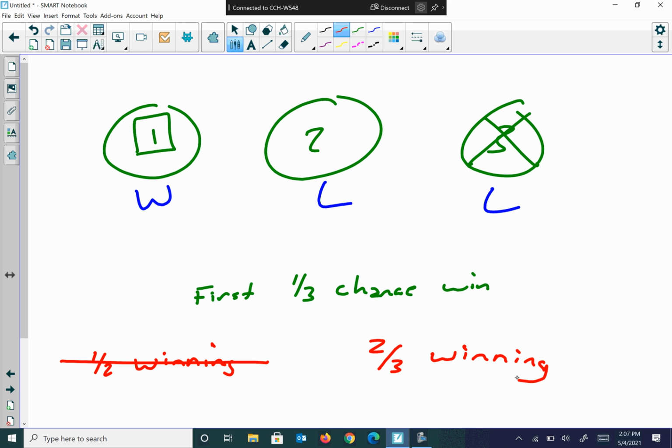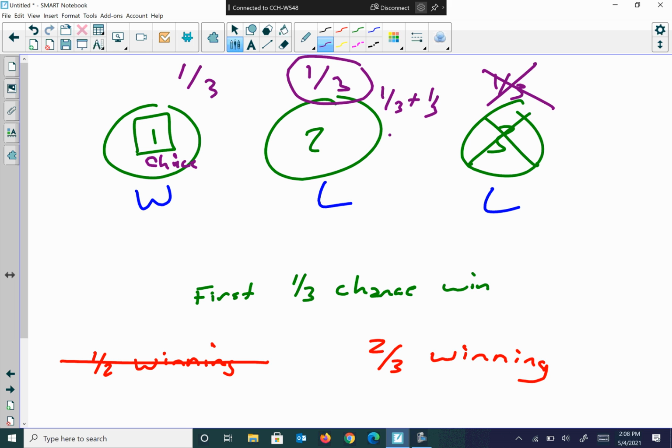So what they claim happens is originally you had a 1/3 probability of gaining the right door. This closes. So if this was your first choice, you should switch the door because this becomes 1/3 plus 1/3, which is a 2/3 probability. And again, that works better when you talk about the 1 million doors or 100 doors.